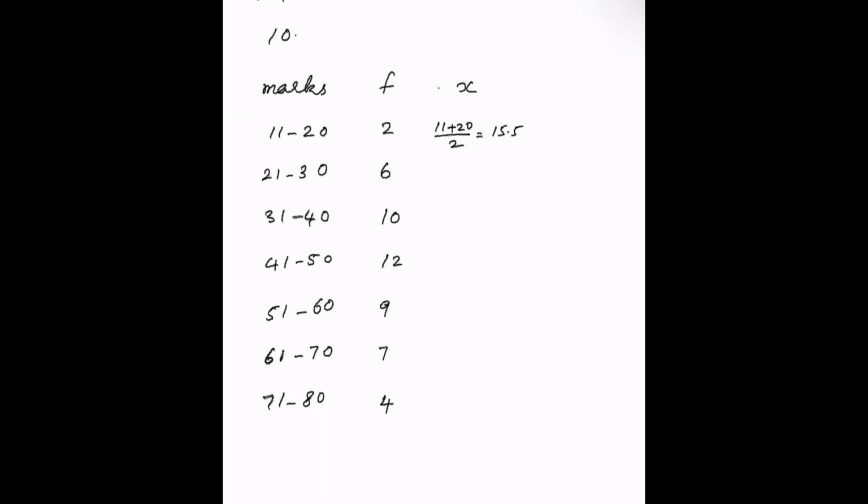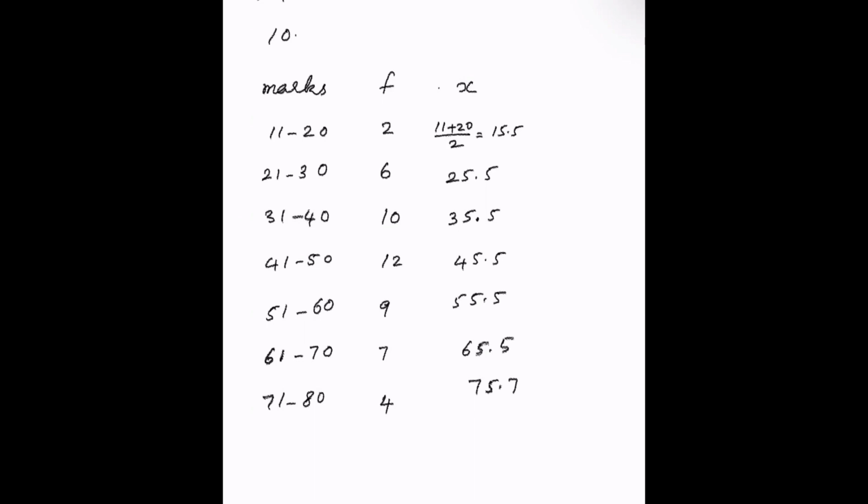What would be the next one? 30 plus 21 is 51. 51 by 2 is 25.5. So this is 25.5 and this is going to be then 35.5, 45.5, 55.5, 65.5 and 75.5. So I have got x also.